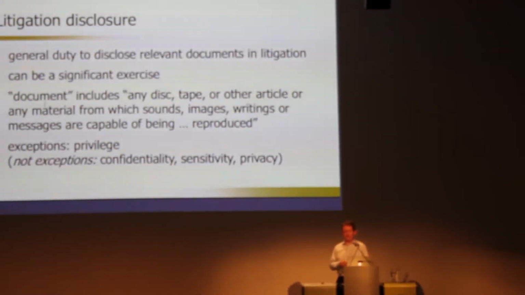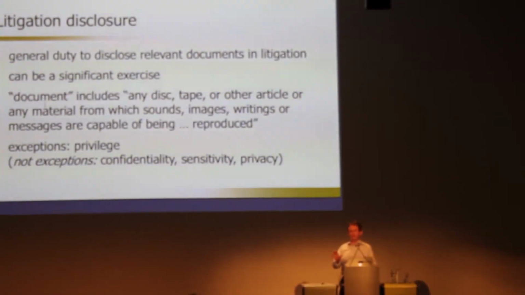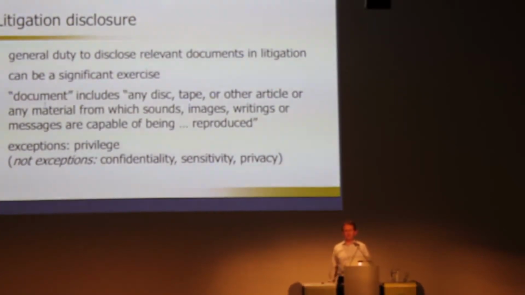The disclosure rules say if a document is relevant to the dispute and it's within your control, which it would be because it's on the organisation's system, then it's subject to disclosure. It wouldn't be a defence to say, oh, this is a personal email, maybe talking about the dispute so it's relevant, therefore I don't need to disclose it.